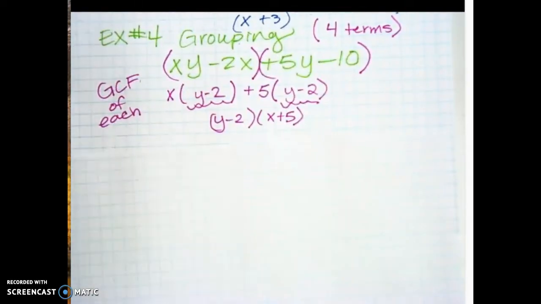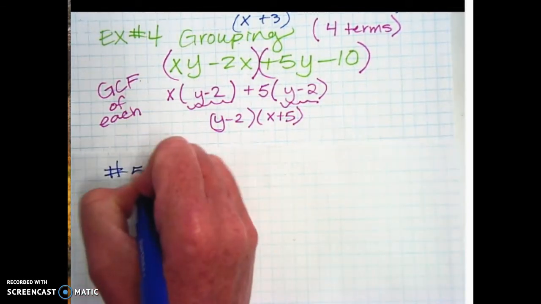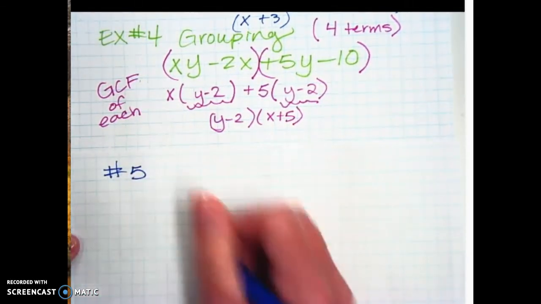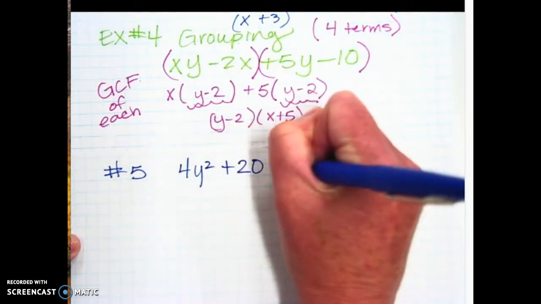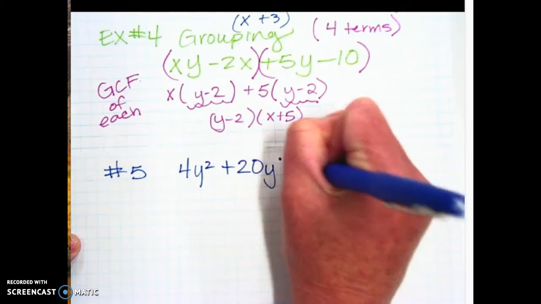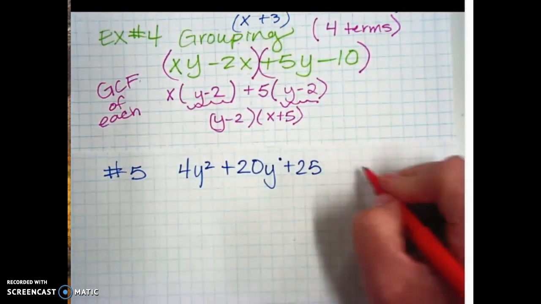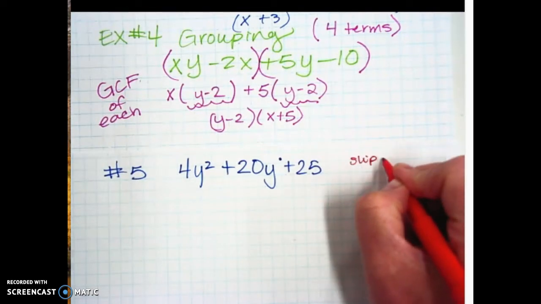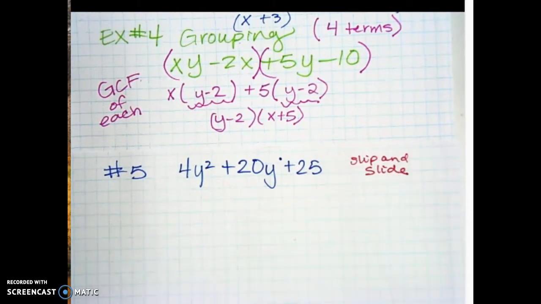Example number 5. We're going to use that little slip and slide. All right, so the first thing you want to do is check and see if there's a GCF.